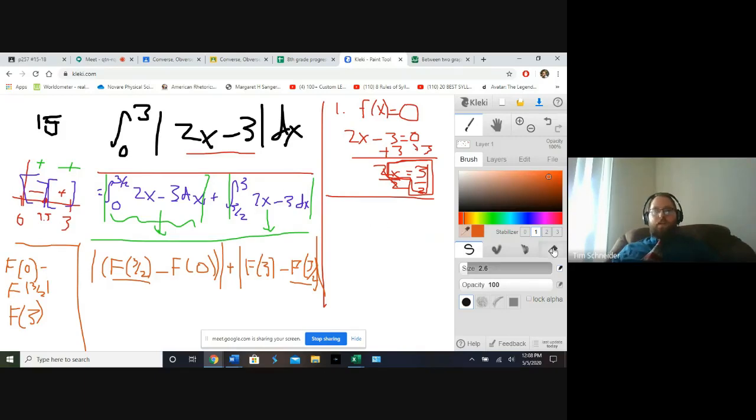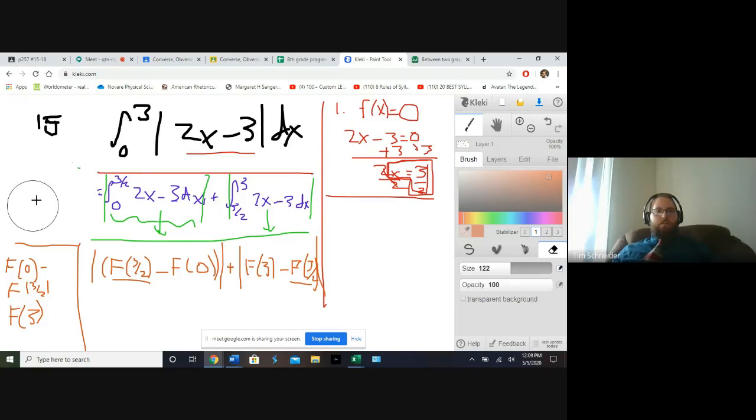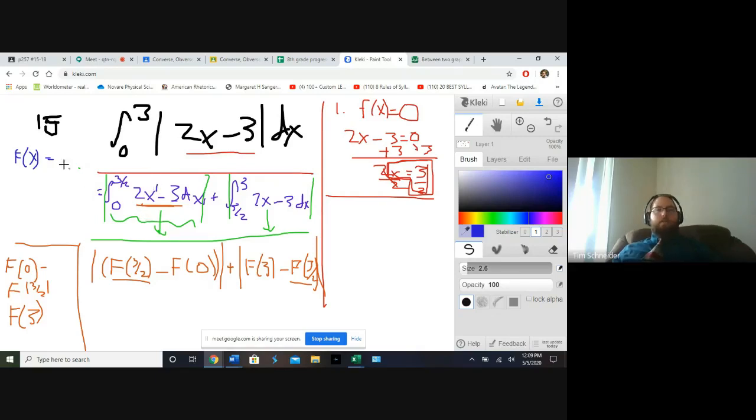Well, first we have to calculate the actual antiderivative of 2x minus 3. So let's do that. Capital F of x, the antiderivative of 2x minus 3 is, well, the x is to the power of 1 here, so we raise it to 2 and then divide it by 2.